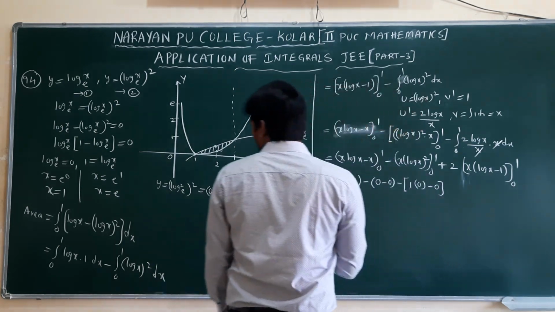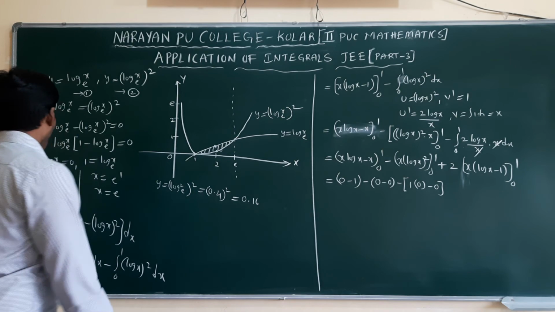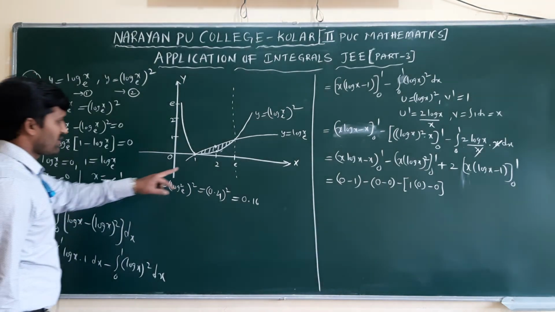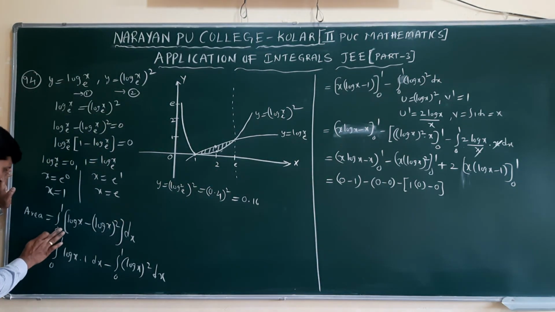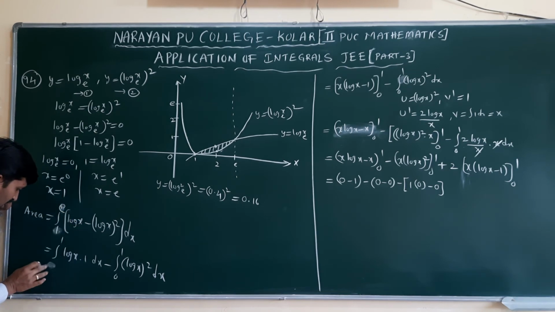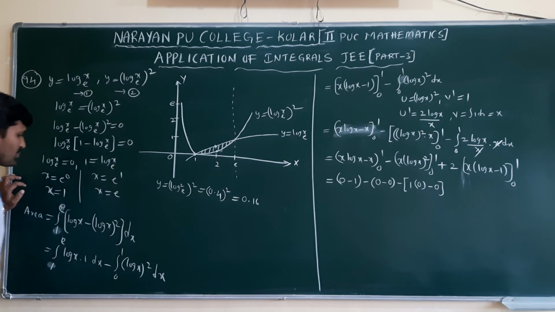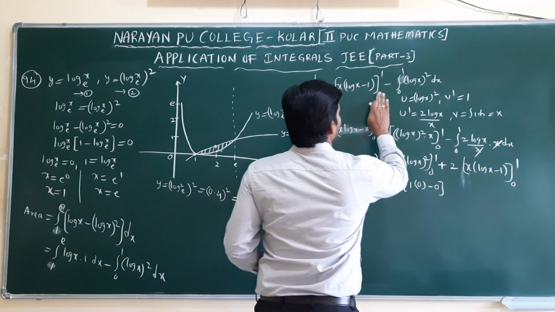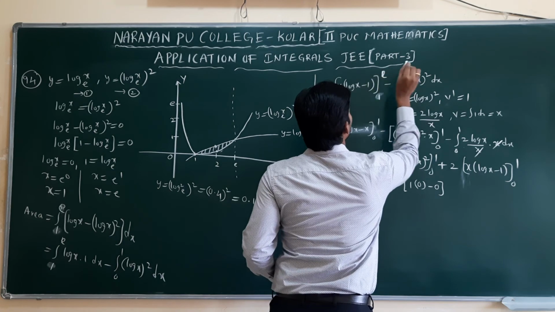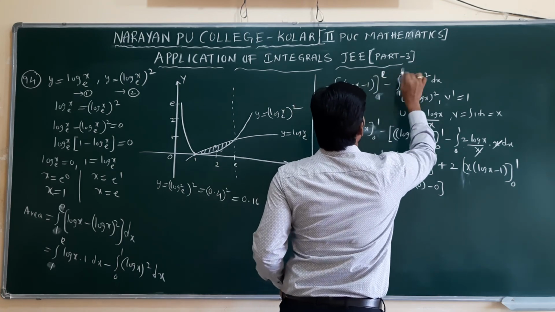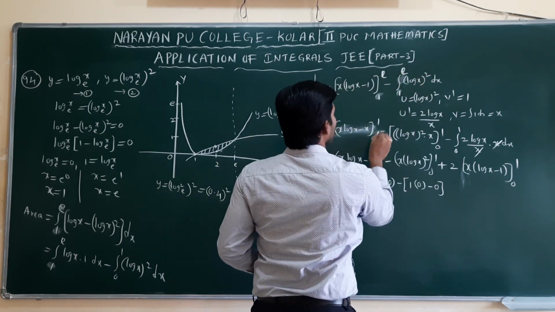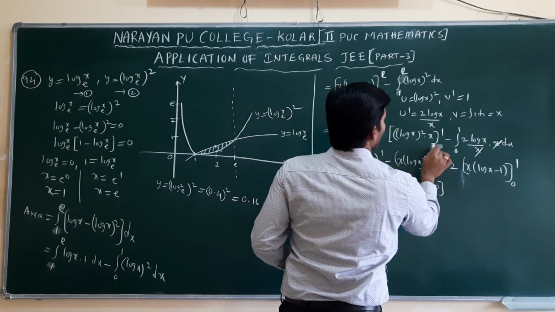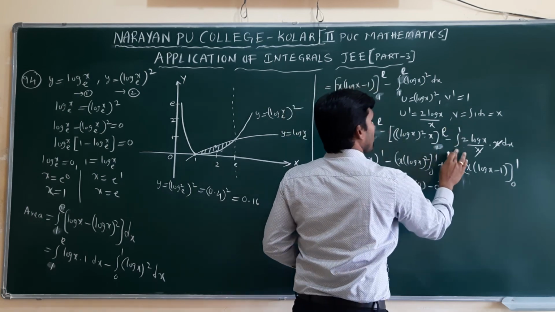Sorry, not 0 to 1. I took the value wrong. The limit is from where to where? 1 to e, not 0 to 1. Change the limits here; 1 to e we need to take. With respect to x, y axis means we can take like that. 1 to e only, change the limits everywhere.